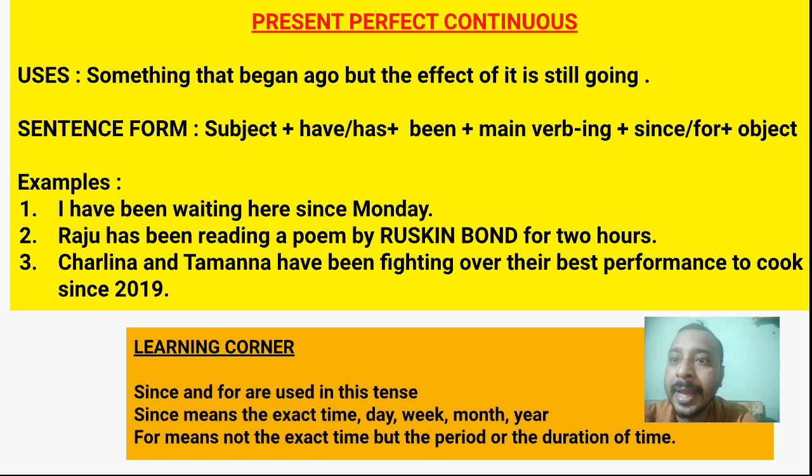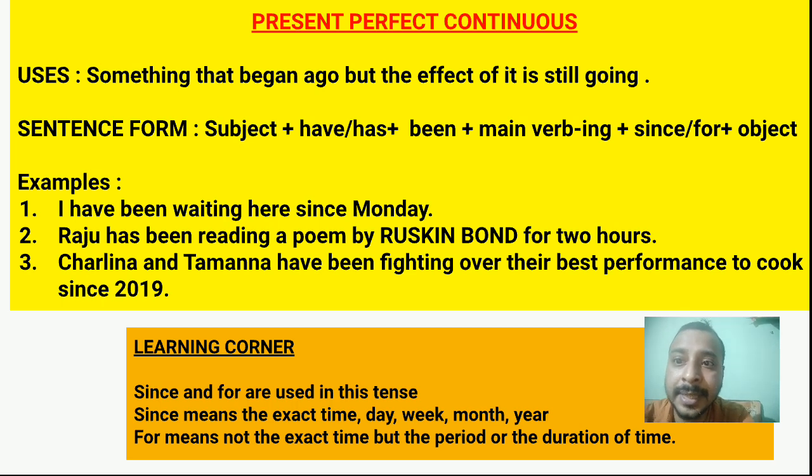Okay, and the sentence form of this tense is subject plus have or has plus been plus main verb with ing plus since or for. These two words I will explain, you can see in the learning corner later, plus object. Now see the examples. I have been waiting here since Monday.